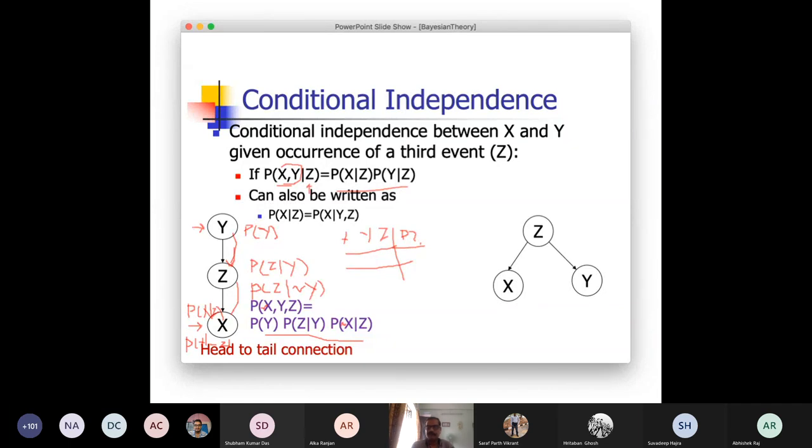So how many entries are there in that table? Sir, 8. There will be 8. So you have 8 entries, but you require only 5 parameters. So this is the kind of saving. Effectively, your objective here is to represent the full joint probability distribution considering the random variables.